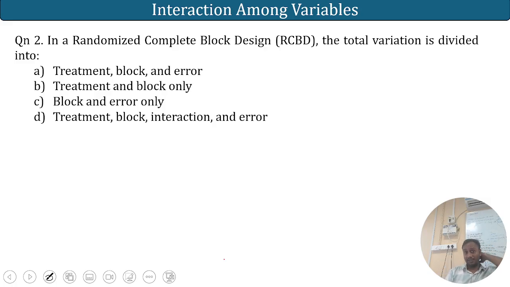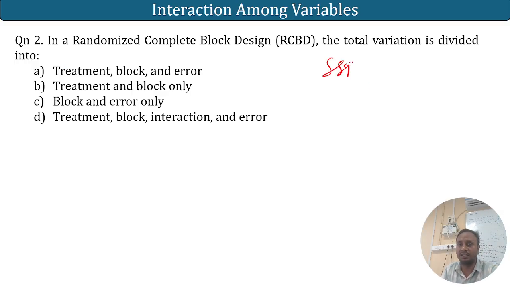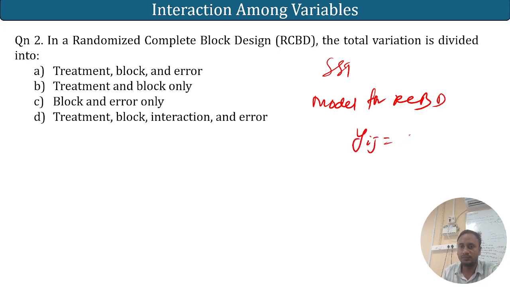Now we'll go with the second one. In a randomized complete block design, RCBD, the total variation is divided into how? SST, or the model for RCBD: Yij equals mu plus alpha plus beta plus epsilon ij, where mu is the overall mean, then treatment, block, and error.